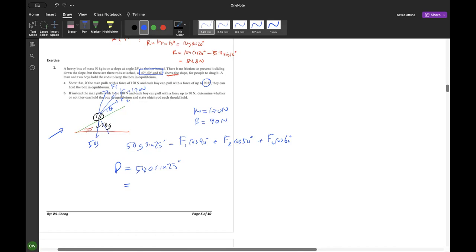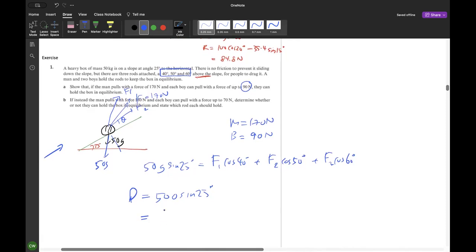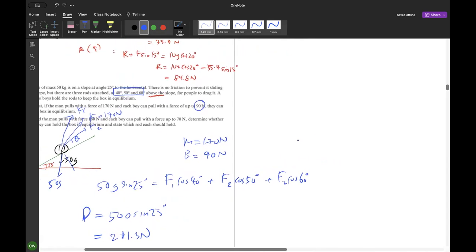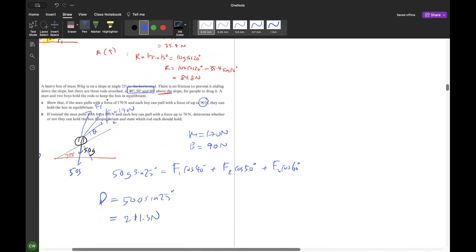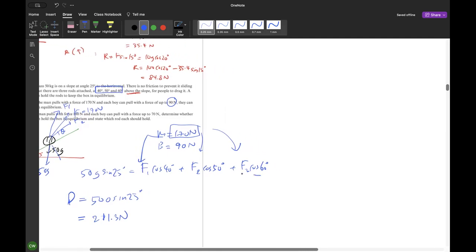Okay, 211.3. What is the condition? Keep equilibrium with a man and two boys. So now we have 170. This 170 should be here, here, or here. Largest force. Which value is the smallest?